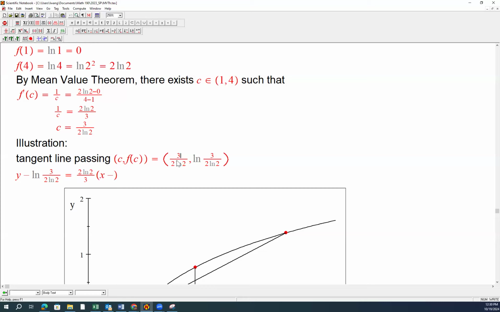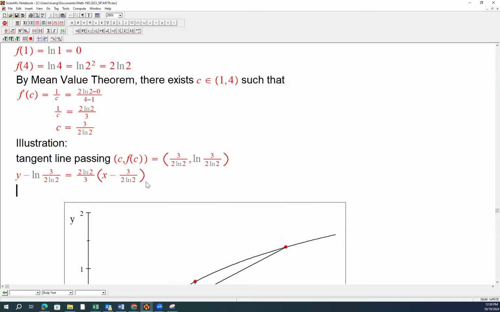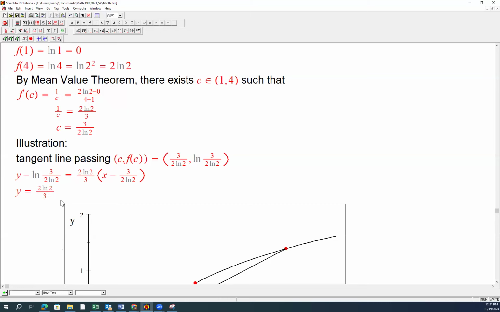Minus x sub 1. Okay, so that's the slope. And then the line equation will be 2 times ln 2 over 3 times x, subtracting.